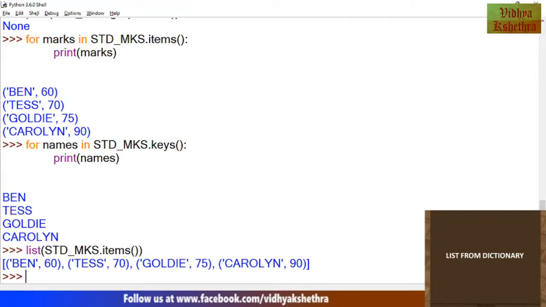Here by using the list command, we have converted the dictionary into a list of tuples containing the key value pairs.